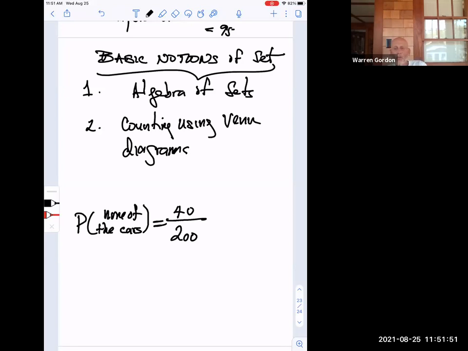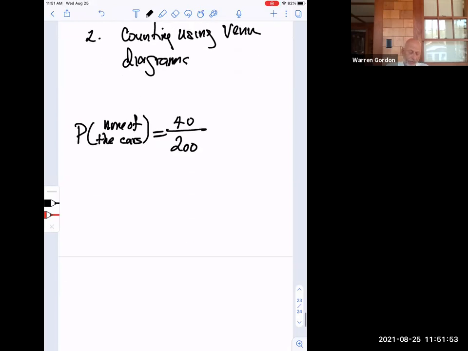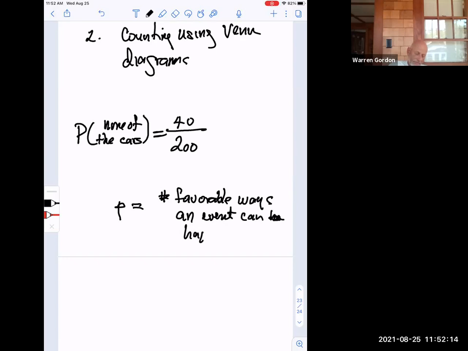It's the number of favorable ways an event can happen. A rough definition of a probability is the number of favorable ways an event can happen divided by the total number of ways all the events can occur.